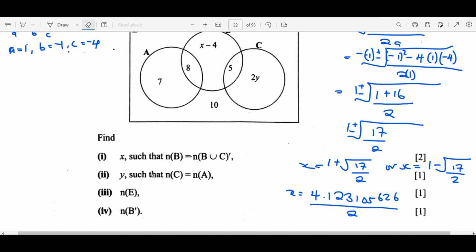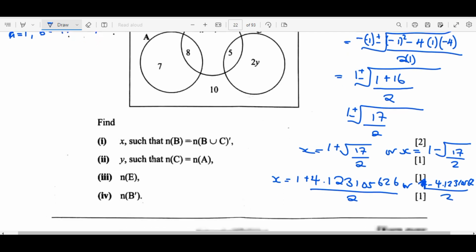And then or, the square root will be the same, 4.123105626, so we say 1 minus 4.123105626, and then we can divide by 2.